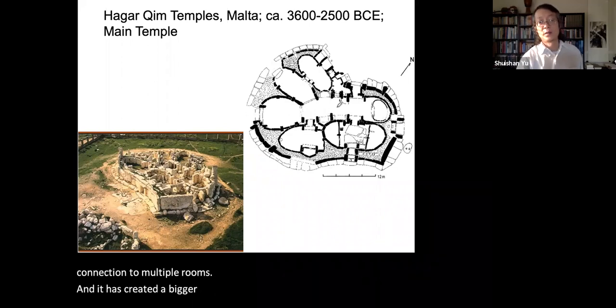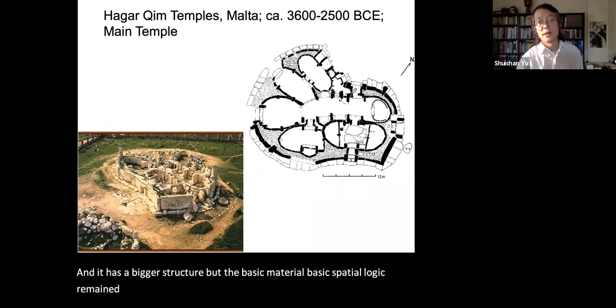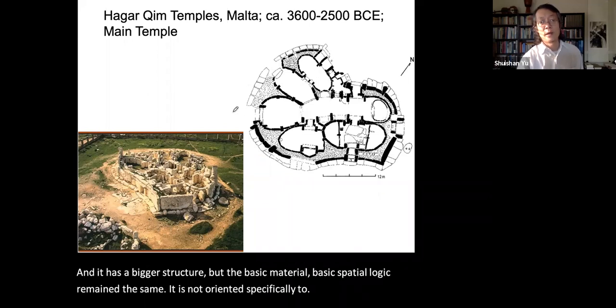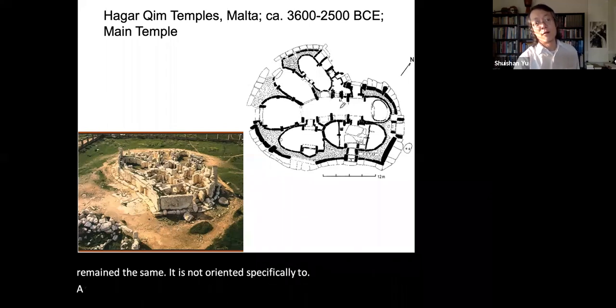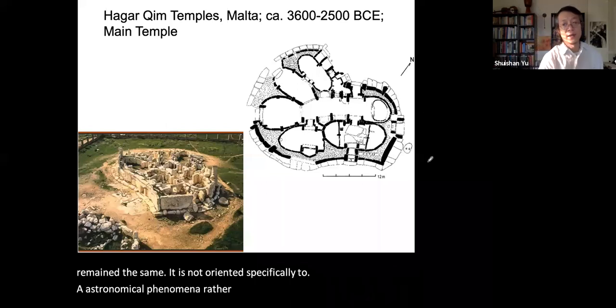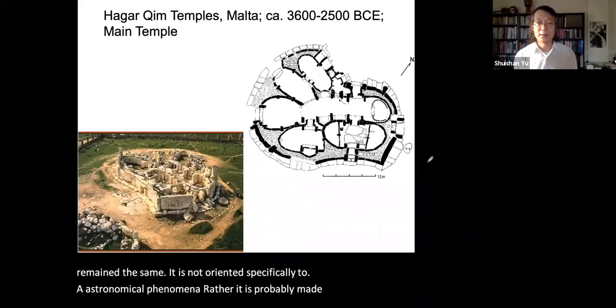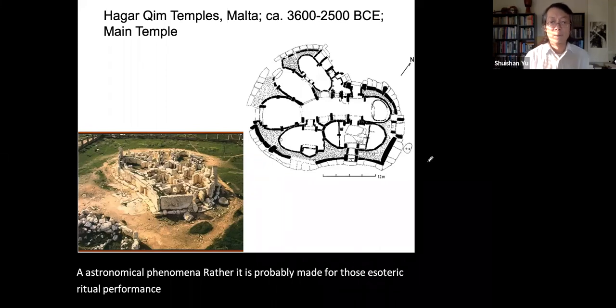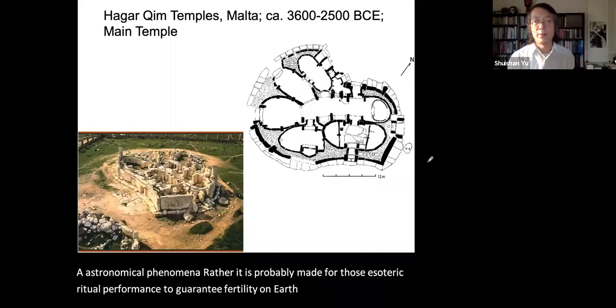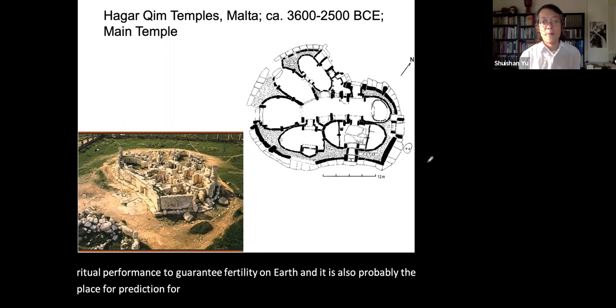But the basic material and spatial logic remained the same. It is not oriented specifically to astronomical phenomena, rather it is probably made for esoteric ritual performance to guarantee fertility on Earth. And it is also probably a place for oracle prediction as well.